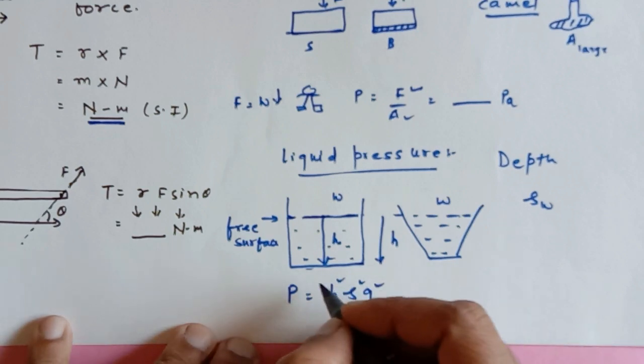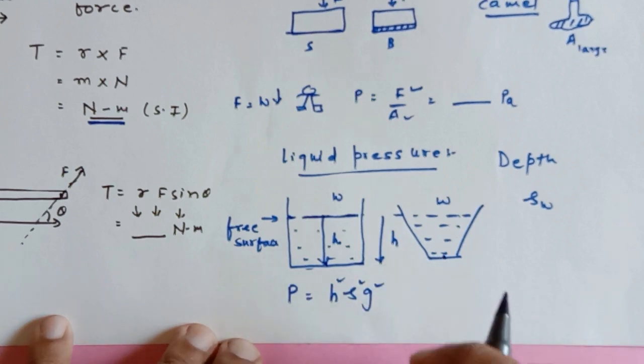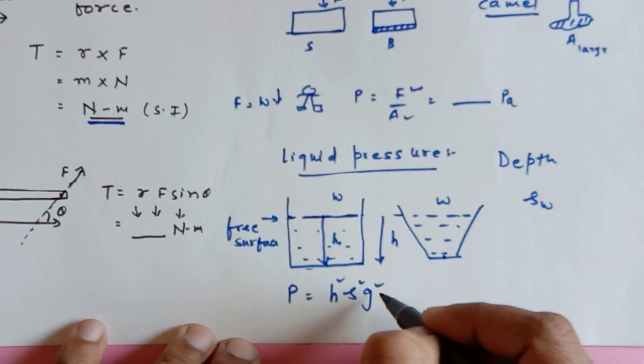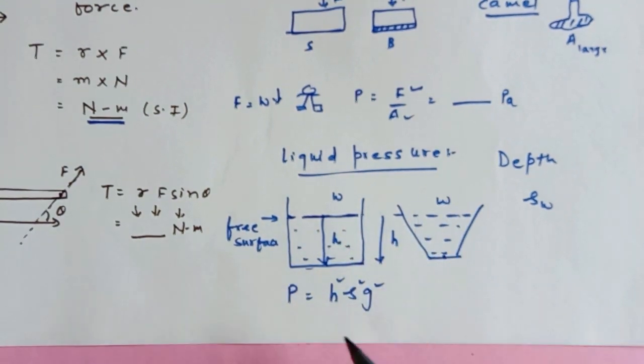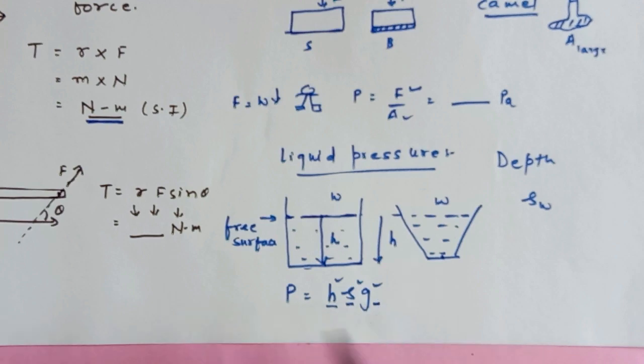So the pressure exerted by the liquid at this point and at this point is the same. So the area of the vessel doesn't matter, the shape of the vessel doesn't matter, the size of the vessel doesn't matter. So the pressure exerted by a liquid only depends upon depth, rho, that is the density of the liquid, and G.